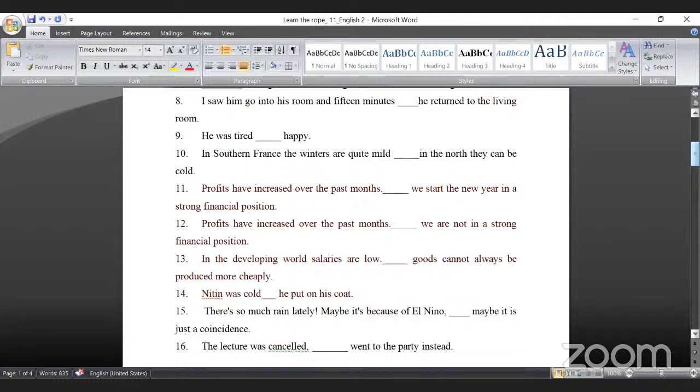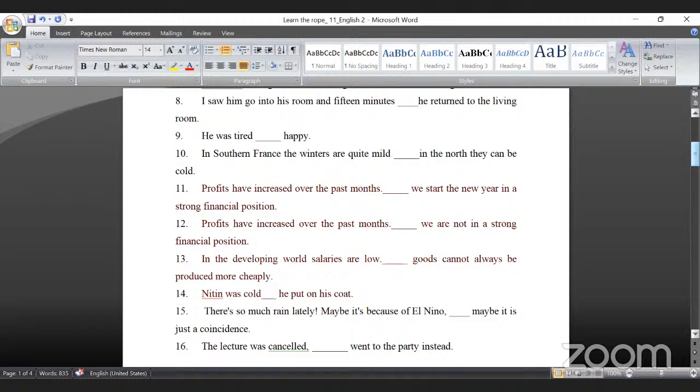No. Yet. Spell it, Y-E-T. He was tired yet happy. That can go. You can use he was tired yet happy, or you can simply say he was tired but happy. That's also fine. Yet is also correct, but is also correct.